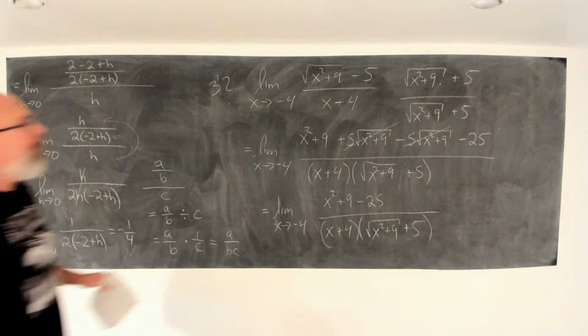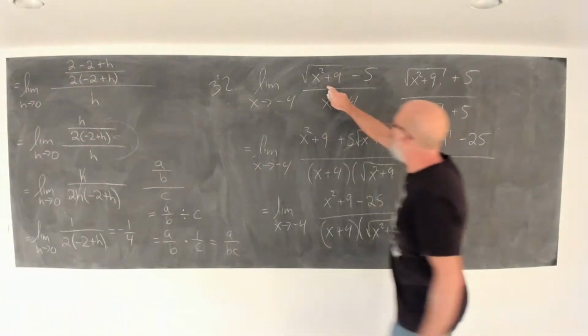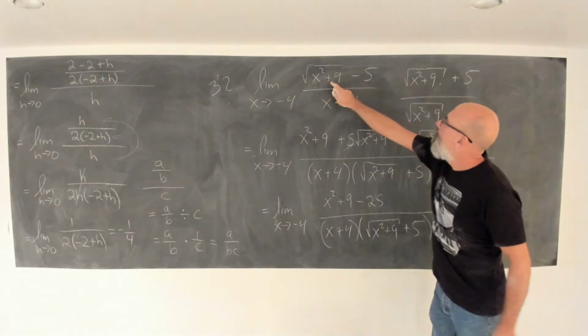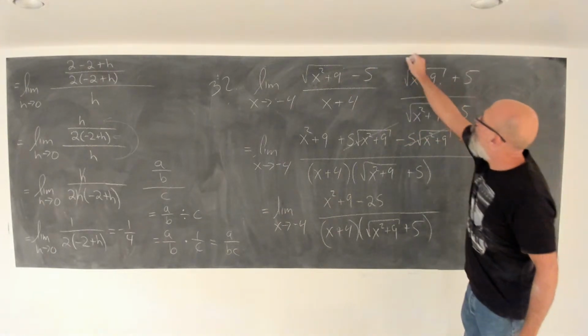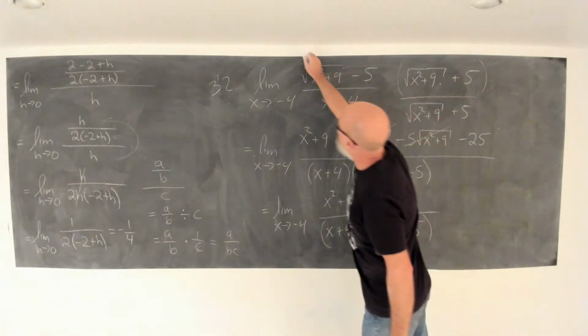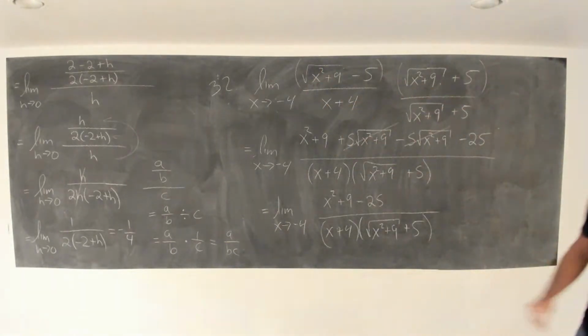How did we multiply those? It's the usual, right? This times this times that, this times this times that. You're multiplying, the FOIL trick, whatever you call it.